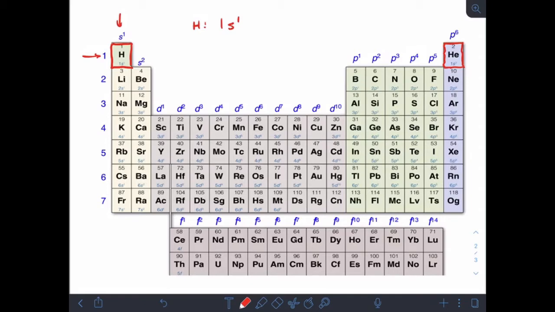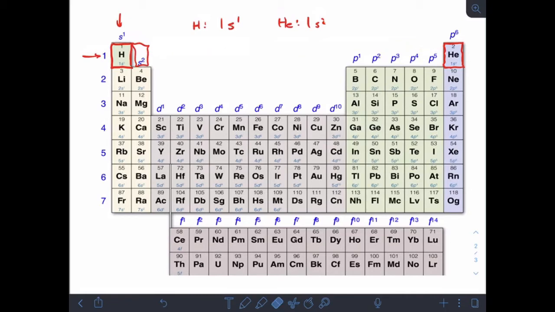And if I keep reading left to right, straight across all the way to helium, helium really should be in the S block. So it's still in row 1, but it's 1s2. Helium really ought to live right here in the second column of the S block, but it lives over on the far right of the table because it's a noble gas.